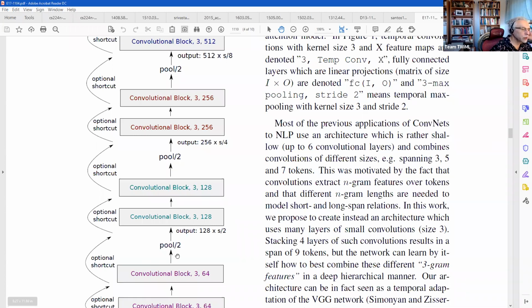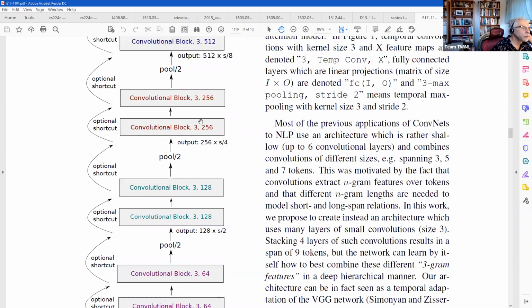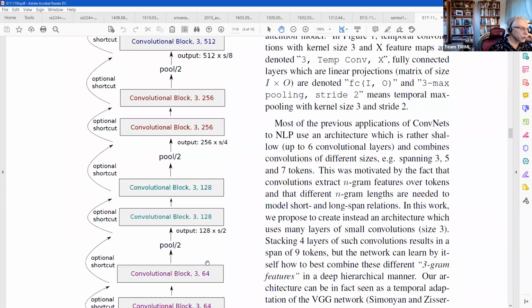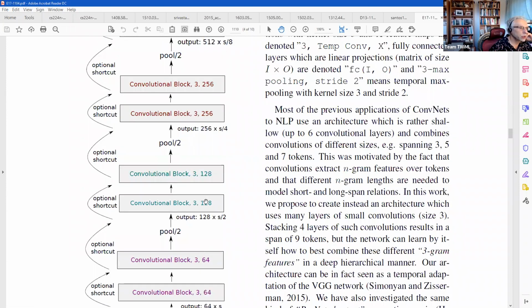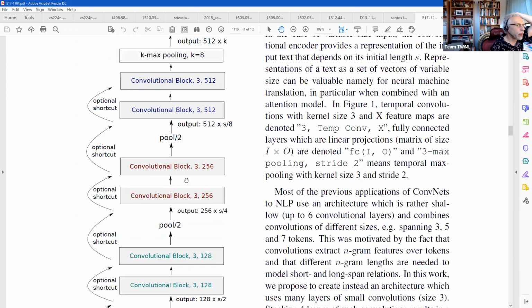So there's a bunch of blocks followed by pooling, a bunch of blocks followed by pooling, a bunch of blocks followed by pooling, and each time the number of filters changes. So first we start with 64 filters, and then 128, and then 256. And when I say filters, I mean these convolutional neural network filters of length 3.